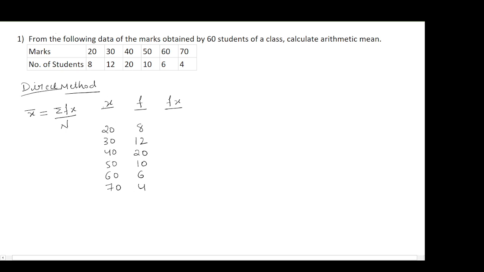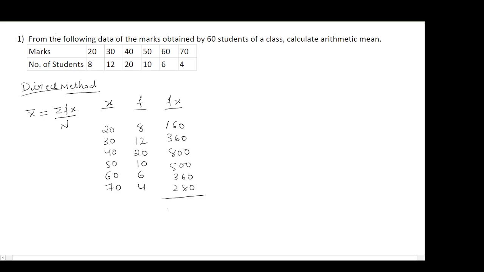Okay, so after writing x values and f values, now as per the formula we need f into x, so multiply x values with f values. So 20 into 8 is 160, 30 into 12 is 360, 40 into 20 is 800, 50 into 10 is 500, 60 into 6 is 360, 70 into 4 is 280.